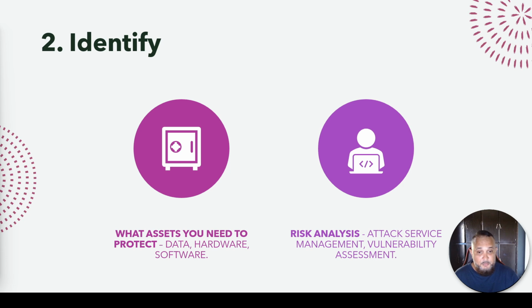It could be in the form of hardware like computers, switches, routers, servers, etc., or software. It could be software as well. It could be people. People are one of our greatest assets in any organization. So yeah, we need to firstly identify what assets we need to protect, because we can't protect what we don't know we need to protect, right? So it kind of makes sense.